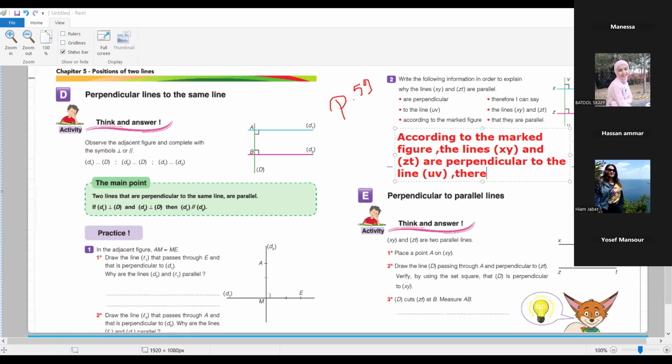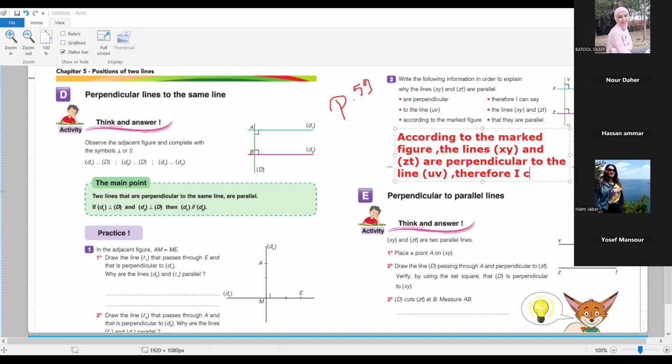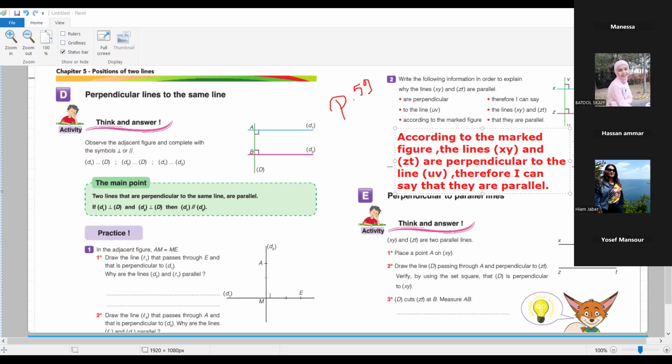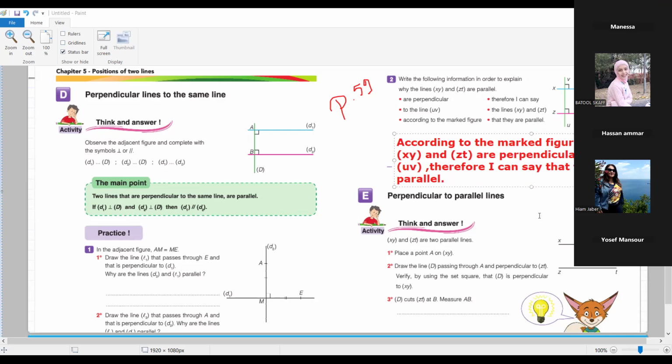Therefore, I can say that they are parallel. So all I did was make these sentences in order to explain why we can consider XY and ZT parallel together.